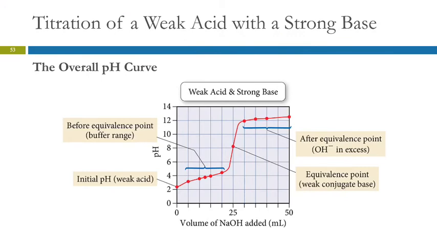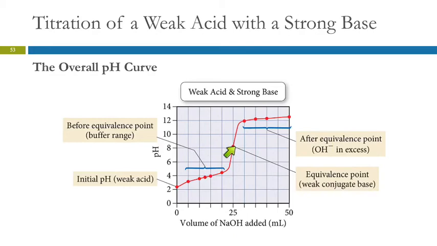So here's our overall pH curve. The initial pH, we're calculating from the Ka of the weak acid, taking into account the concentration, so we do an equilibrium calculation here. Here we have the buffer range, and in this region, once we've added some base but before we get to the equivalence point, you can use the Henderson-Hasselbalch equation.